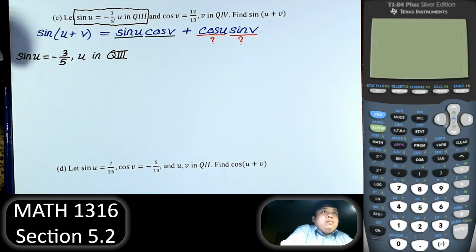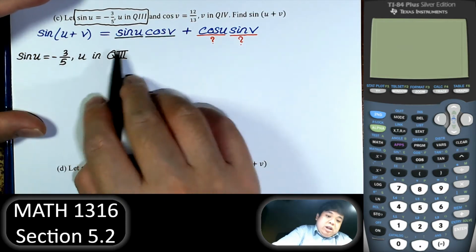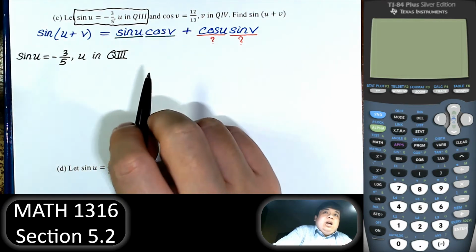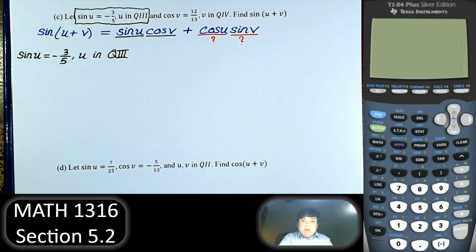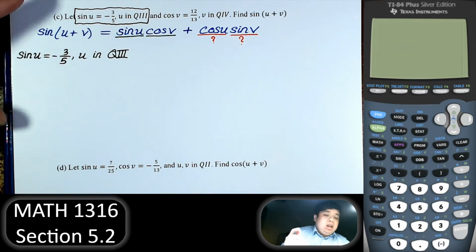So we have that, and of course what we need is cosine of u. There are a lot of different ways to do this. Of course, the Pythagorean identity, sine squared plus cosine squared equals 1, we can solve for cosine squared and then solve for cosine. I do it differently. The most fundamental way when we do trigonometry is to go back to the definition.